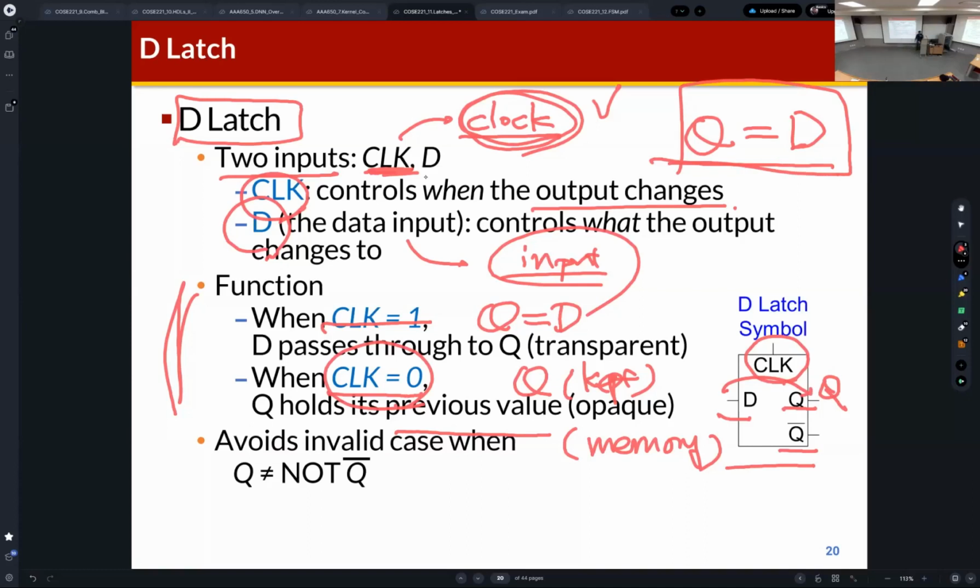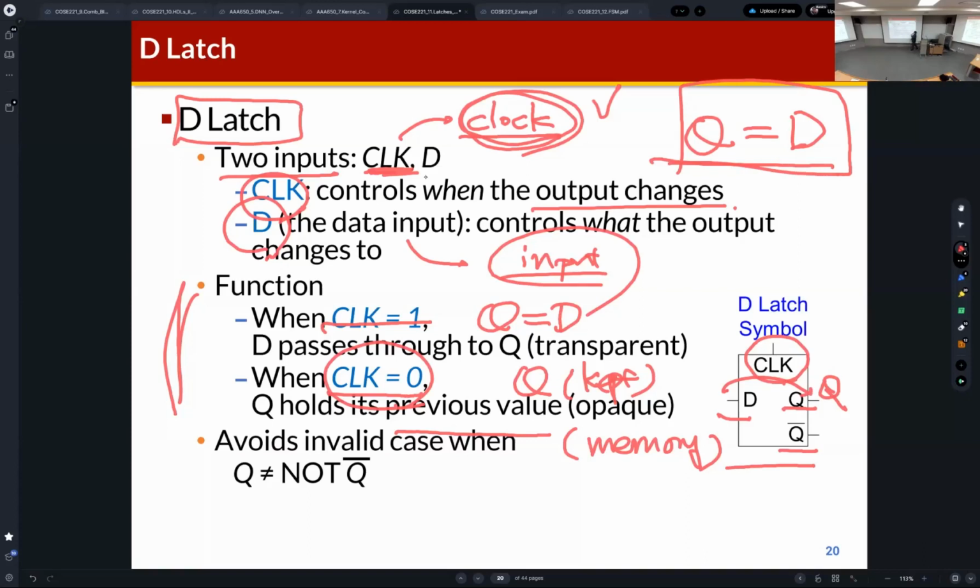But in today's class, we will learn about the flip-flop. I explained that we do not use latches, but we can implement flip-flops based on latch circuits. That's why we learned about the latches.